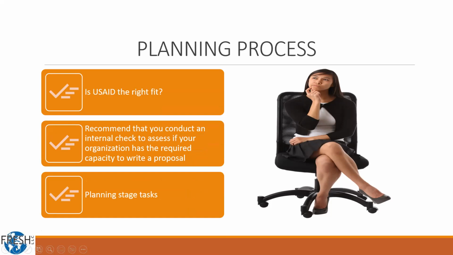In some cases, you might say yes, and others you might say no. But if you say yes, then you want to conduct an internal check to assess if your organization has the required capacity to write a proposal. And if that's a yes, then you want to start looking at the planning stage with some tasks.